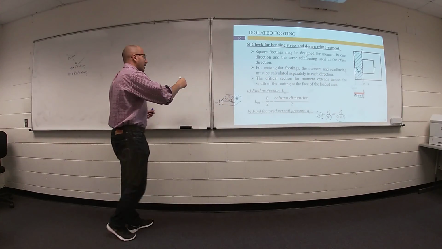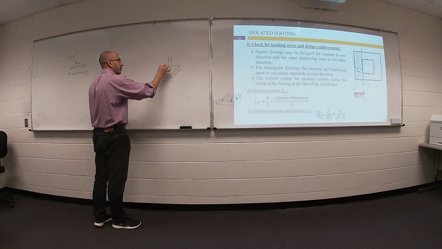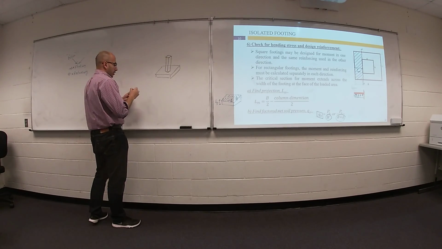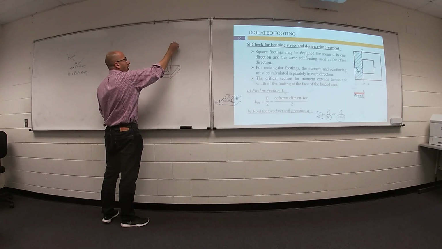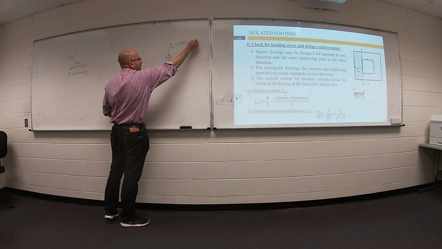The idea behind this point: here is your footing, here is the column. So we have P ultimate from the column equal to 1.2 dead load plus 1.6 live load.